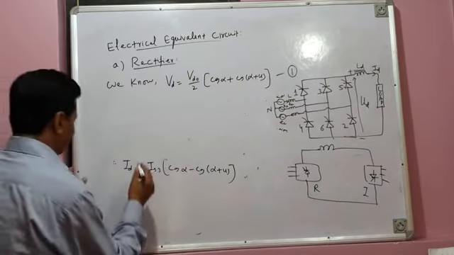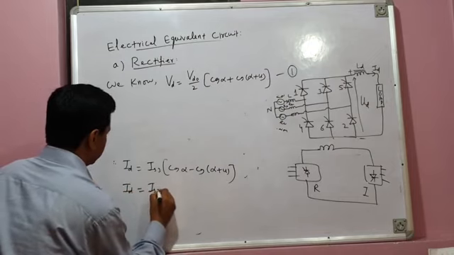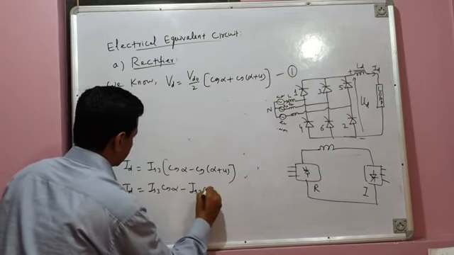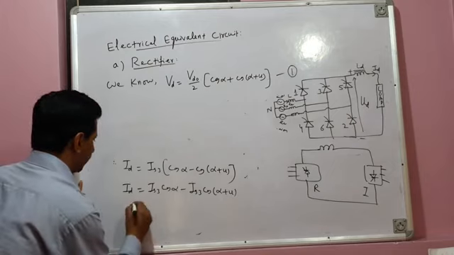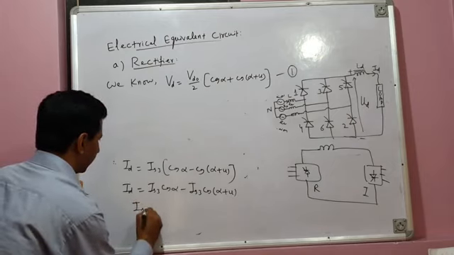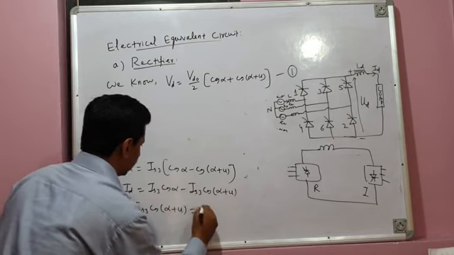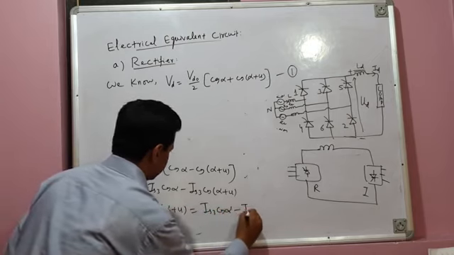Now I can further simplify this. I will write ID is equal to IS3 cos alpha minus IS3 cos of alpha plus u. If I take this IS3 cos alpha plus u on this side, I will get IS3 cos of alpha plus u is equal to IS3 cos alpha minus ID.